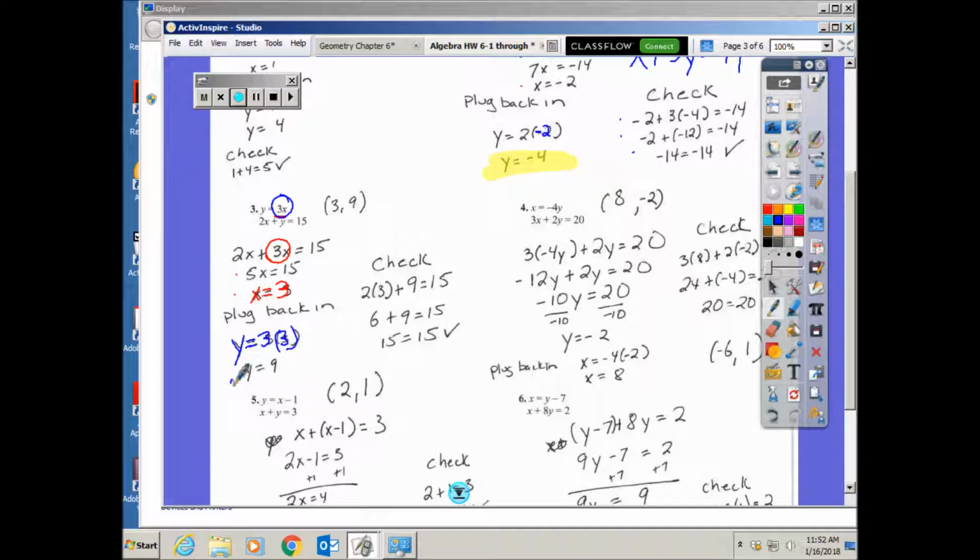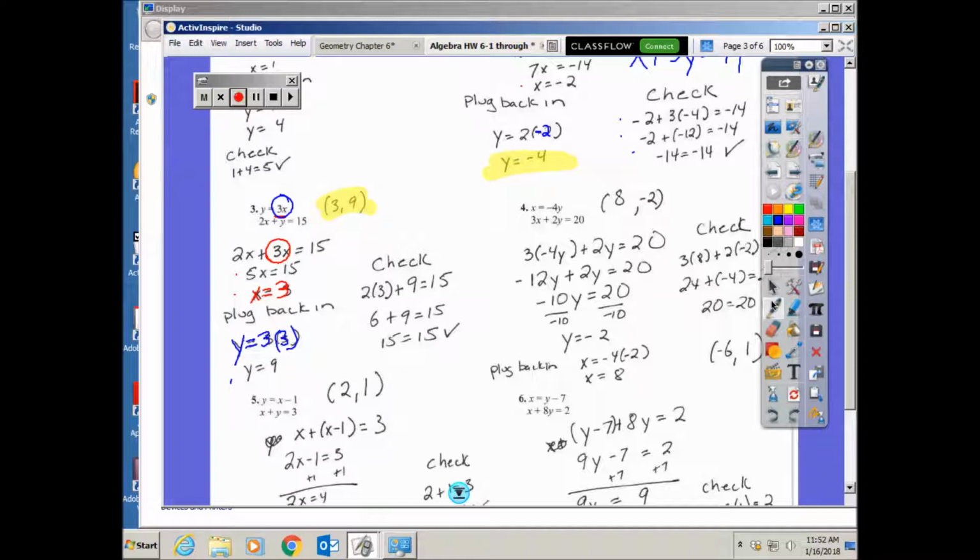So it looks like y equals 9. Why do I say looks like? Until we check it, we don't know for sure. Okay? That's the nice thing about this. It's extra work, but I know I get the correct answer. If I check my work and it doesn't work, I know I can go back to it.